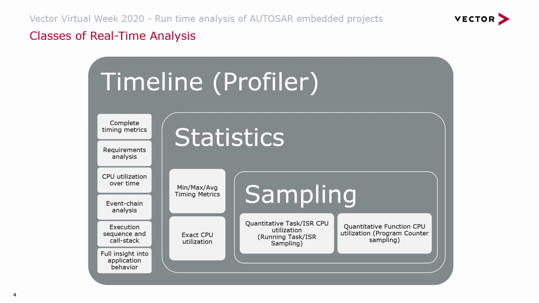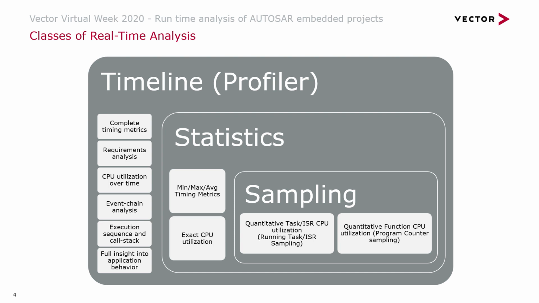It becomes a bit more detailed in the third class, which is the timeline. Here you can determine specific metrics like net execution time and start delay, and all this can be evaluated in detail. And you can also determine the requirements for the system. In the next step, we start with sampling, then statistics, and then the timeline.